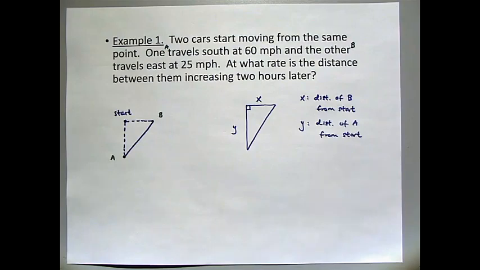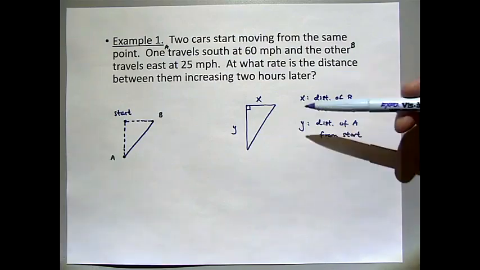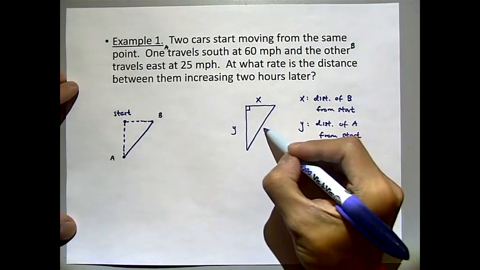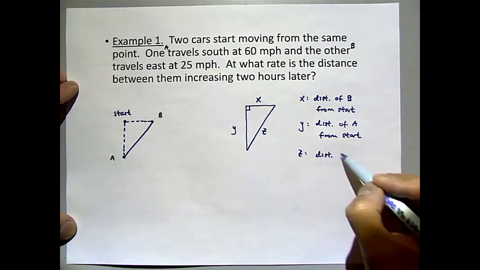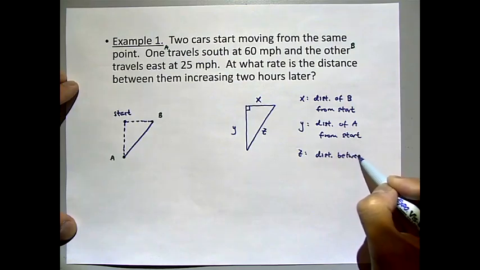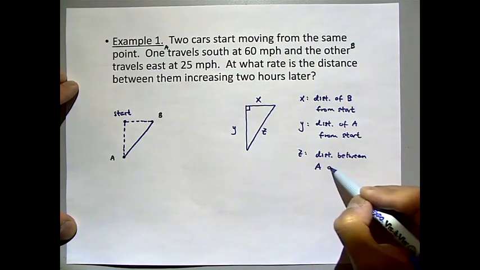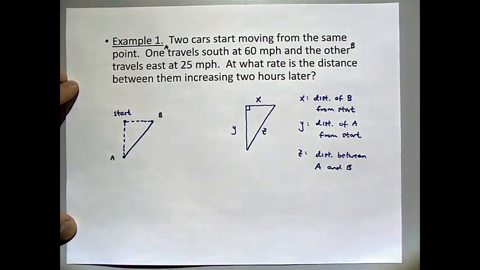Call them whatever you want. X and y seem to be pretty obvious choices. And alongside here, the hypotenuse, let's call that z. And obviously, all three of these things are changing with time.